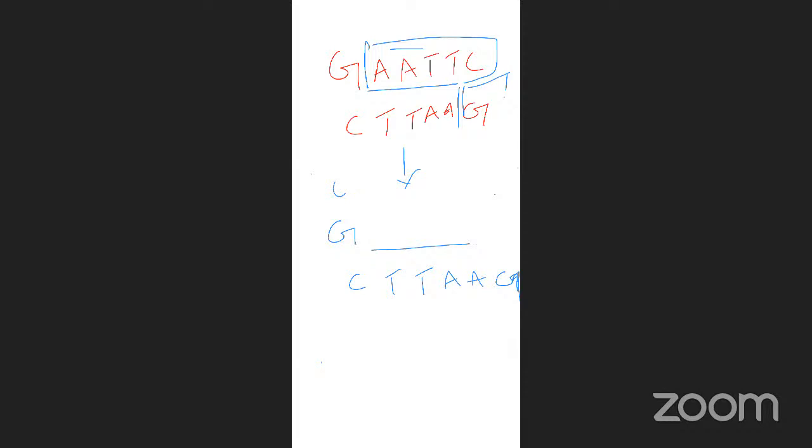And the other one is the blunt end. In a blunt end, what happens here? C C C G G G, C C C G G G. Blunt end means the side is not sharp. There are no sticky ends; it is just cut into two.